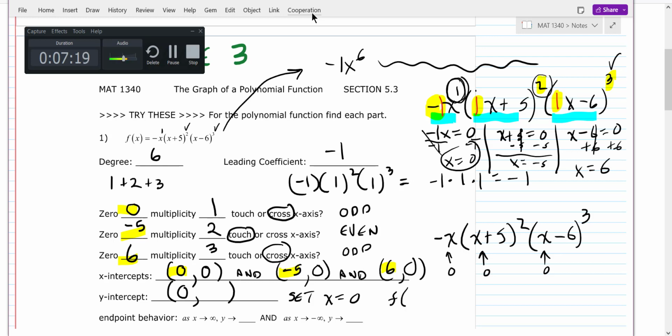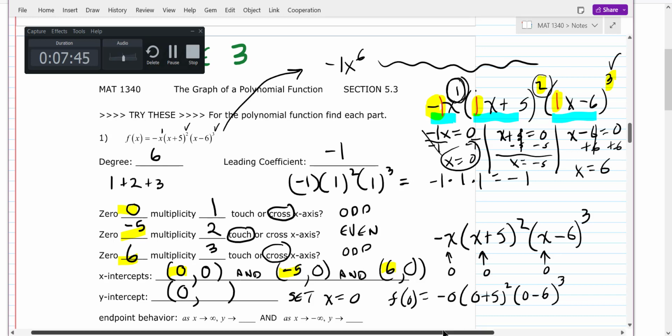So you're really doing f of 0, which is -0 times (0 plus 5) to the second, times (0 minus 6) to the third. I wouldn't want you to waste a lot of time on this. This is just 0 times 25 times whatever -6 to the third is. So what happens if you multiply 0 by the rest of the stuff? You get 0, right? So that means that your y-intercept is (0, 0).